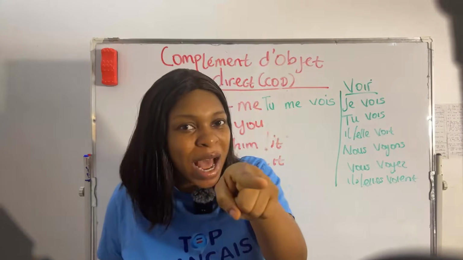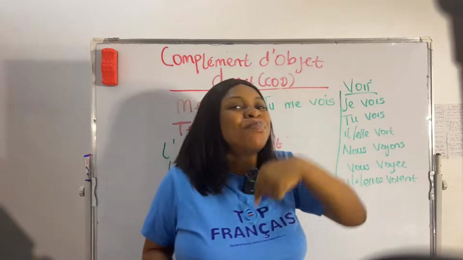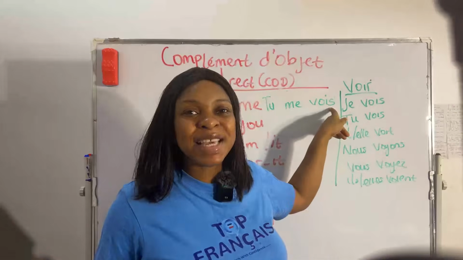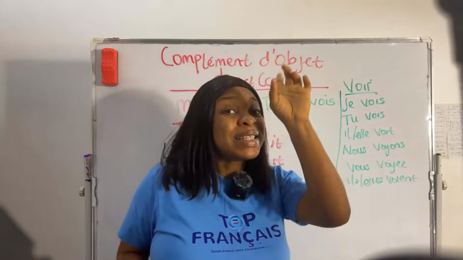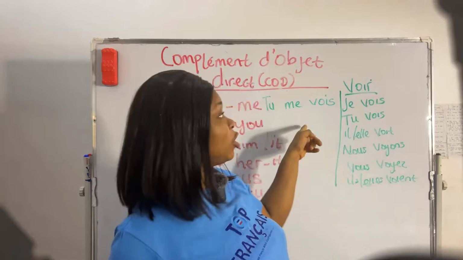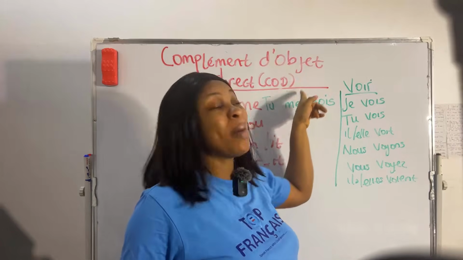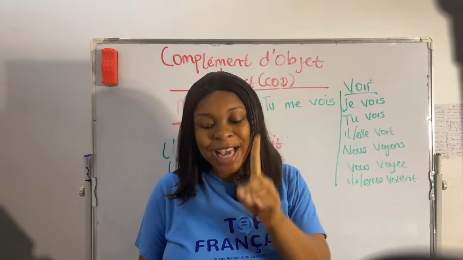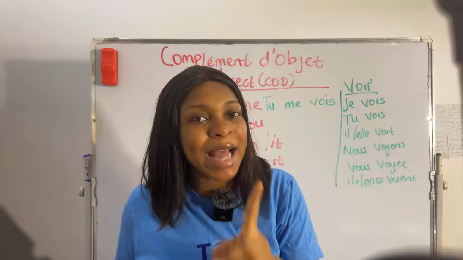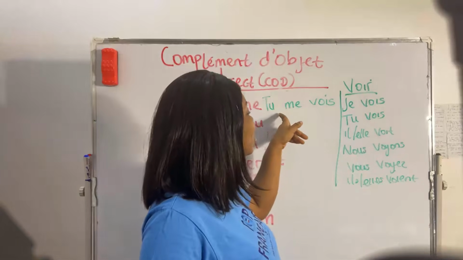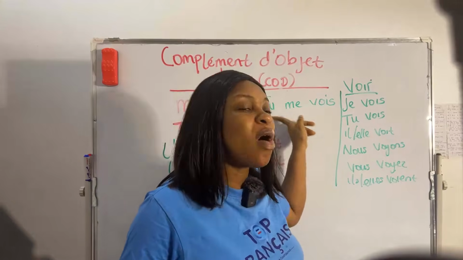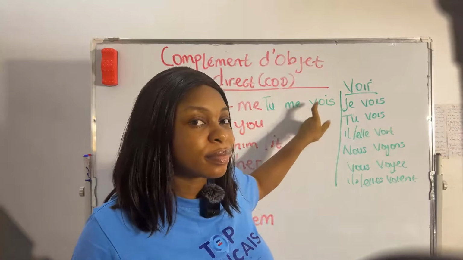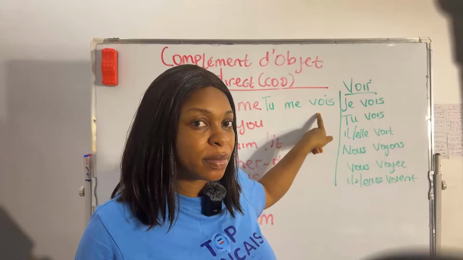Tu is you now. You are seeing me. The verb voir is seeing. So normally, the way it sounds in your head is that the "moi" should come after the voir. But don't forget one of the keynotes I mentioned at the beginning of this class, that the COD is placed before the verb. Voir is the verb.